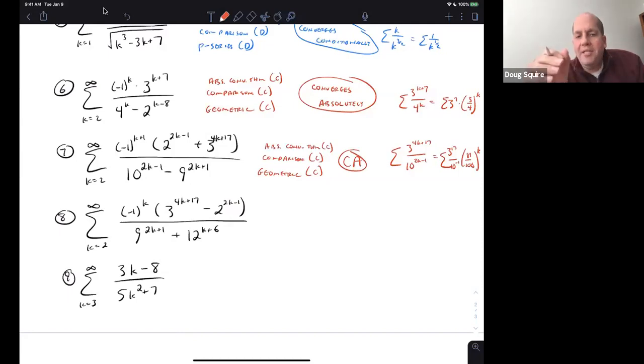On number 8, when you get over to the right, you're going to end up with 3 to the 17 over 9 to the 1st times 81 over 81 to the k. And so what's weird about that? Or what does that tell us?